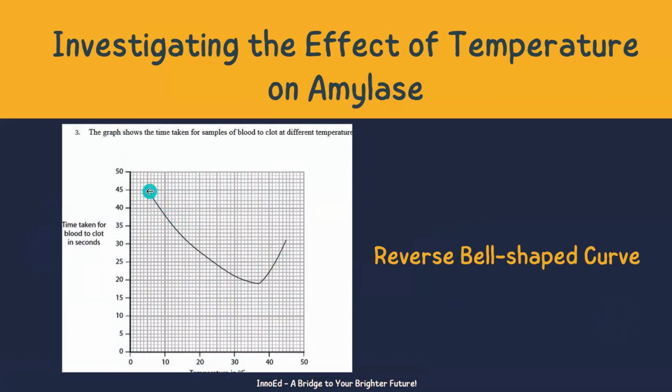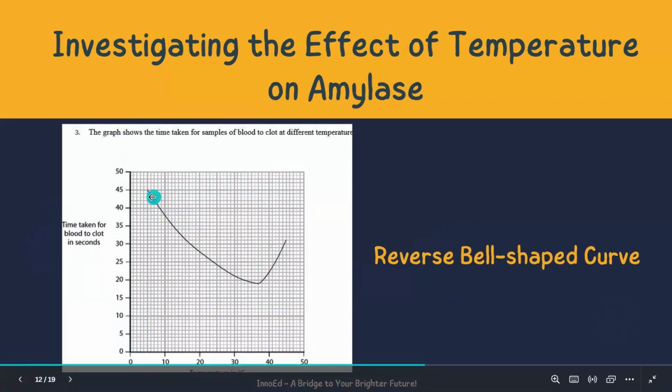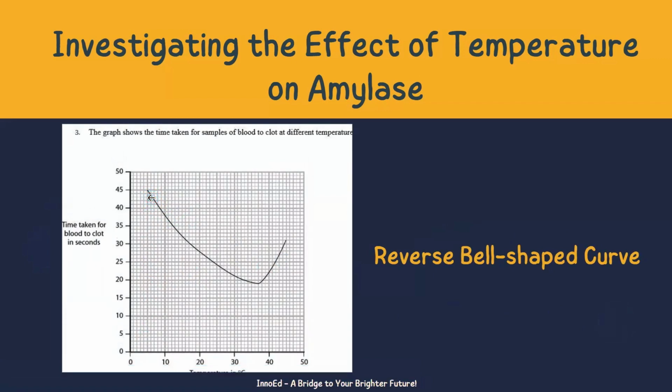So here at 5 degrees Celsius, the time taken is longest, which is 55 seconds, because if the reaction goes slowly, the time taken will be longer and longer. So this is the slowest reaction.